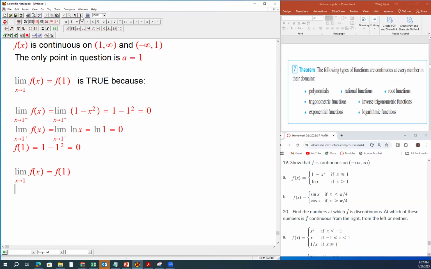Then you can say one more sentence: f is continuous at 1. f is already continuous elsewhere, and now it's continuous at 1, therefore f of x is continuous on the entire number line. That's how you explain it.